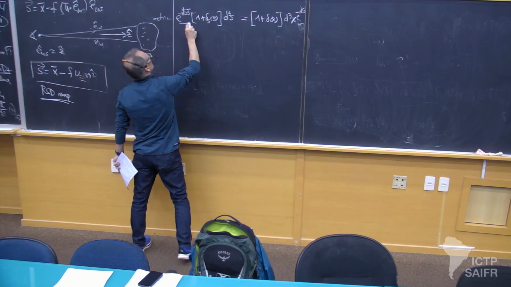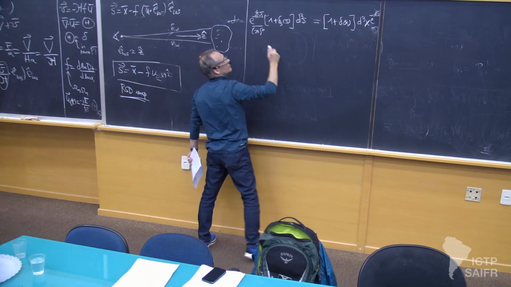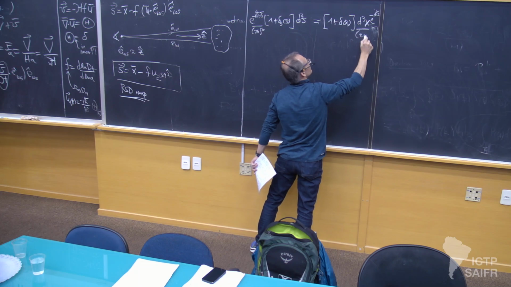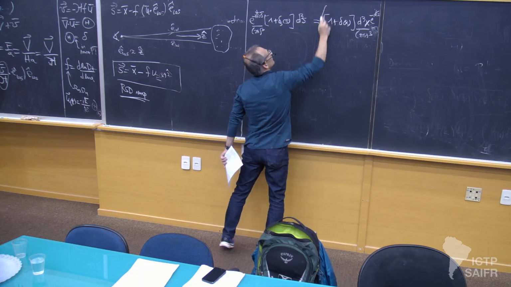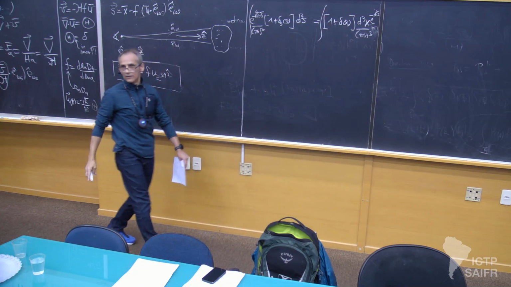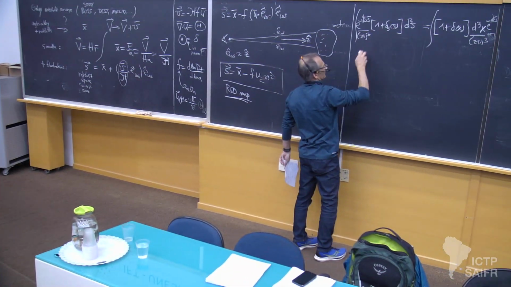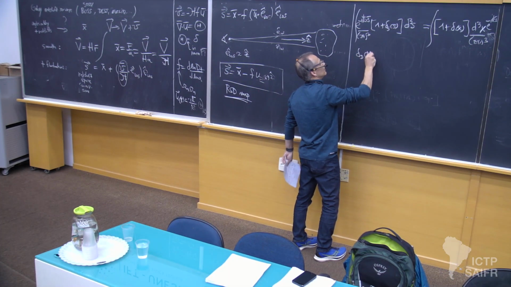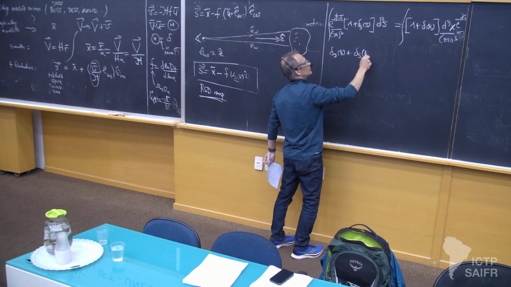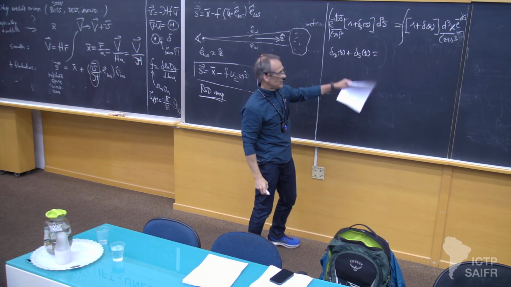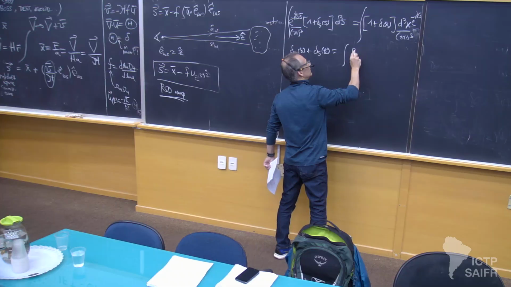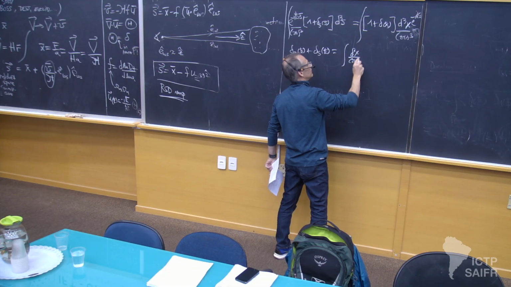Okay? Then, following my notation for Fourier transforms, I need to divide by this. And then I integrate. Okay? So the first term gives me the Dirac delta. The second term gives me what I want in Fourier space. And now on the right-hand side, the integral is over x.